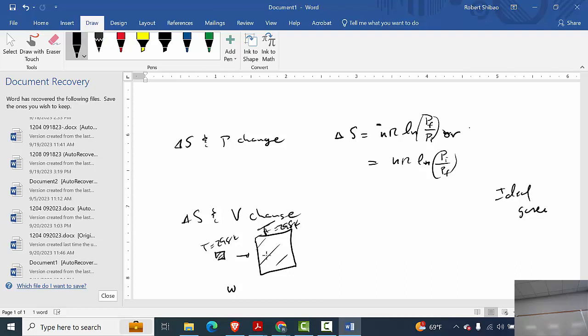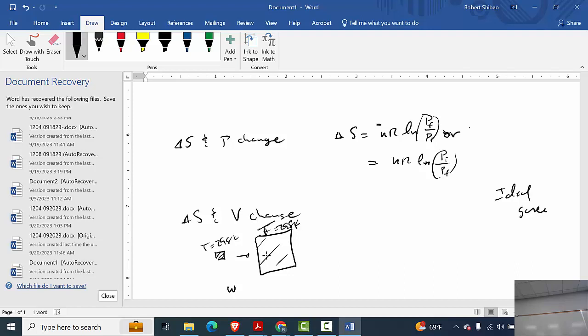If we do an isothermal expansion, the temperature stays constant. But have you ever used one of those gas cans to clean the keyboard, compressed gas? When you use that, the can gets really cold. The can gets really cold because when we expand a gas, work is done. If work is done, then the work requires energy.